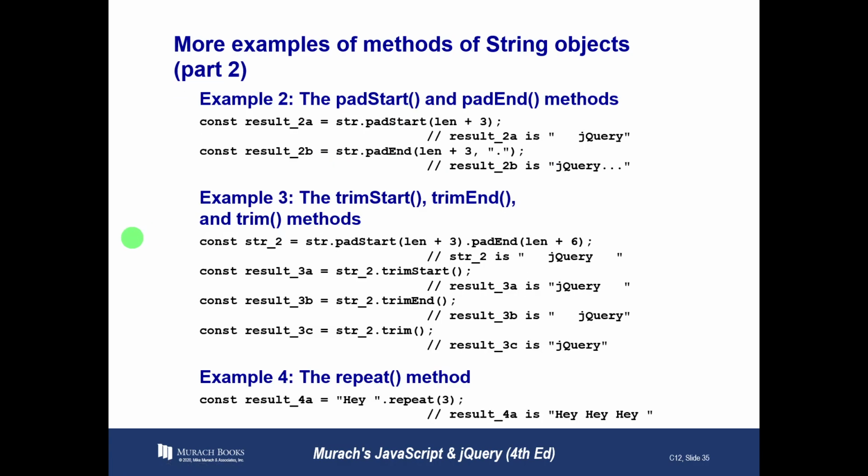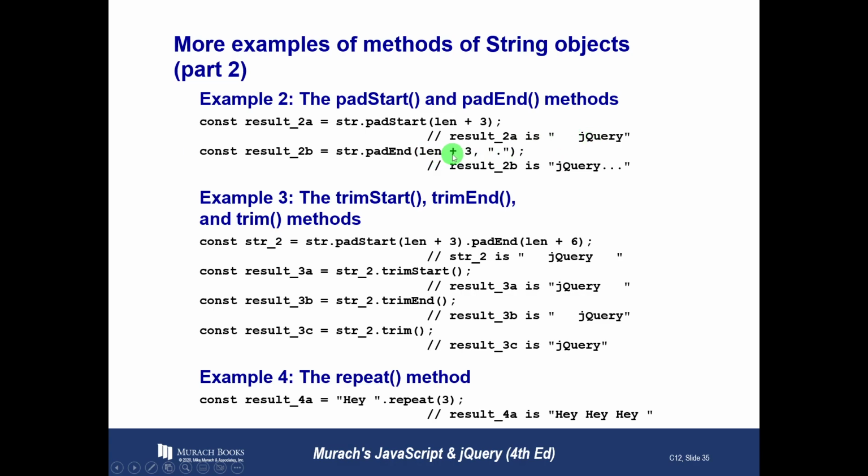Here are our padding examples. We're going to pad the start of our string with its length plus 3, and we end up getting 3 spaces padded on the front.